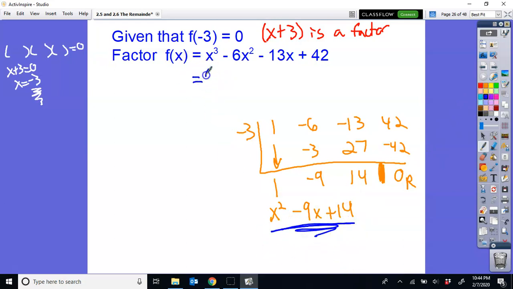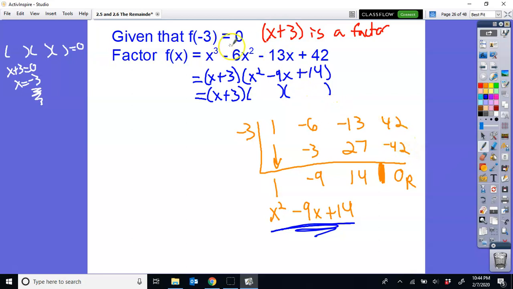That means this polynomial splits up into x plus 3 times x squared minus 9x plus 14. Now, if you haven't done it already, take the right-hand part and split this one up using our old quadratic patterns.